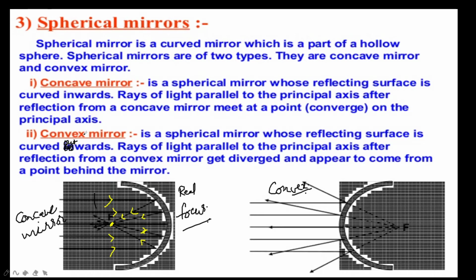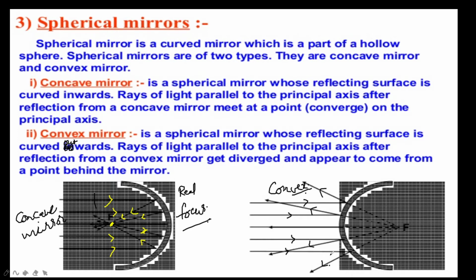Rays of light parallel to the principal axis, after reflection from a convex mirror, get diverged and appear to come from a point behind the mirror. Like this, they are diverging. That's why it is called a diverging mirror.